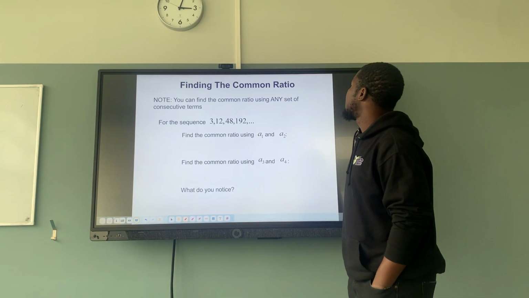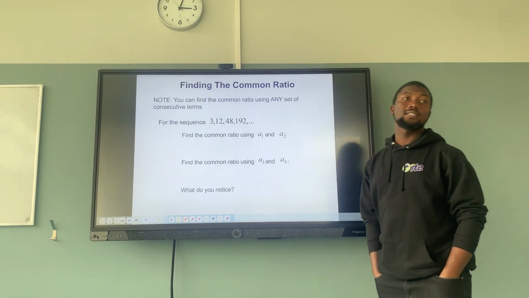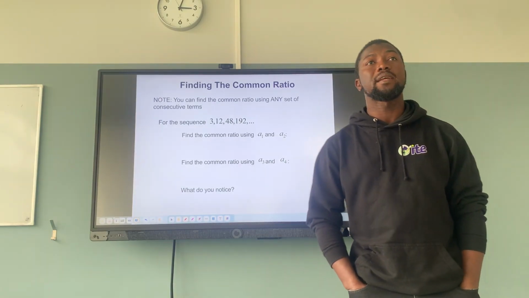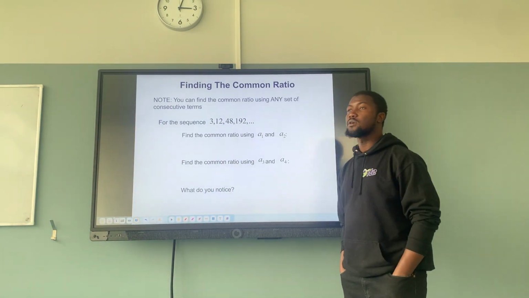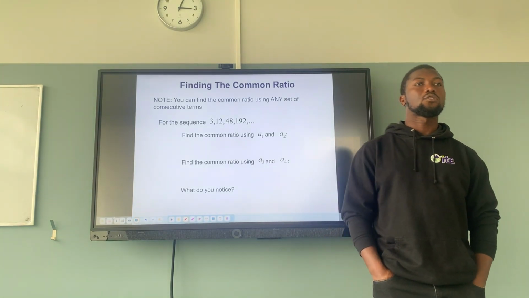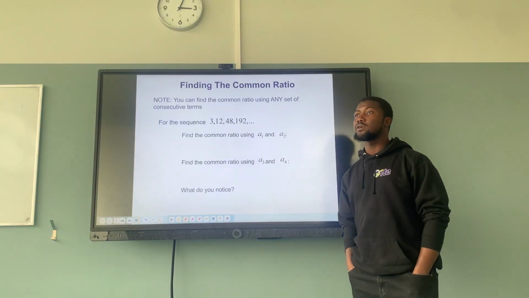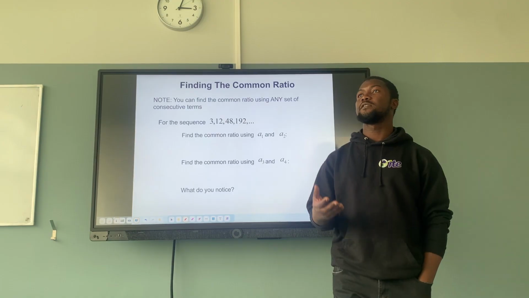So when you are given any two consecutive terms, 2 or 3 or 4, and these terms are in a geometric sequence form, you can always find the common ratio by dividing the terms next to each other. The one that becomes the numerator is the succeeding term, and the one that becomes the denominator is the previous term.